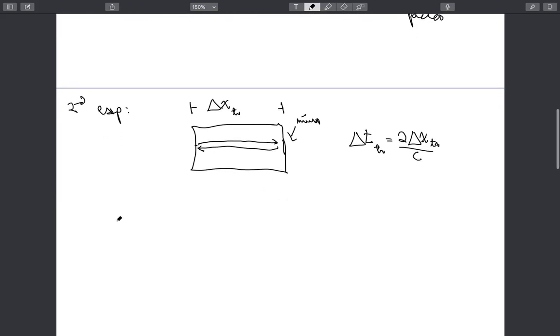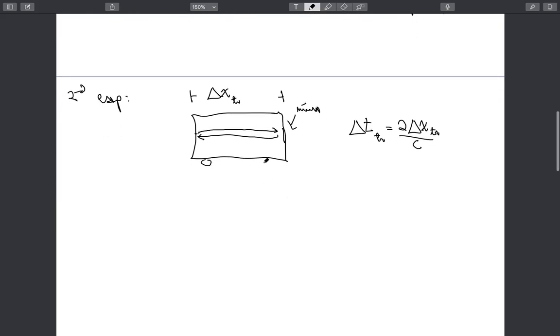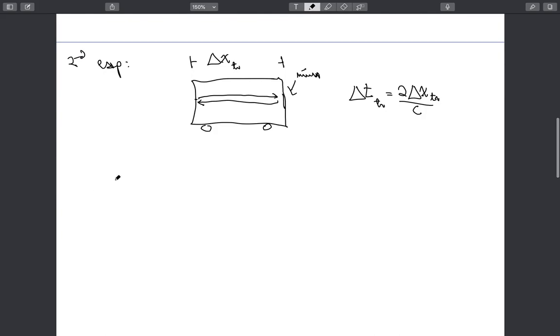Okay, but on the ground, with that train, I remind you, something happens that looks quite different, right?